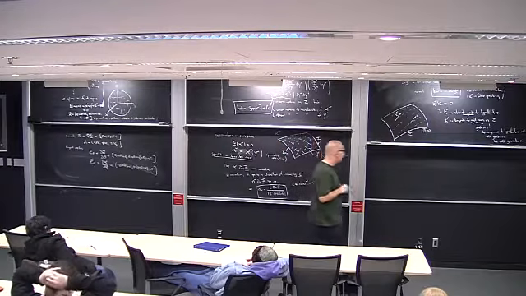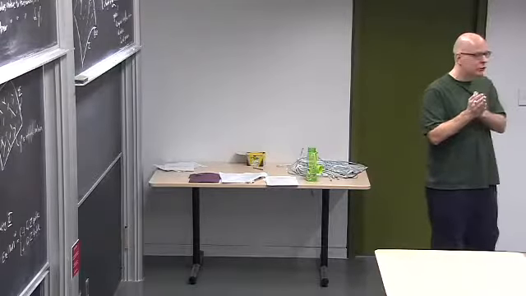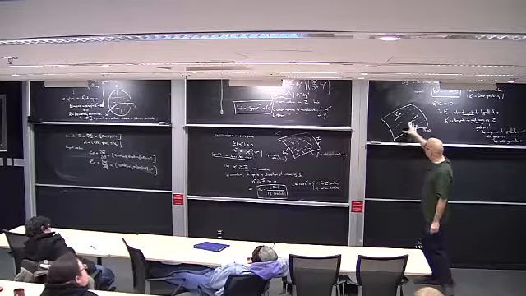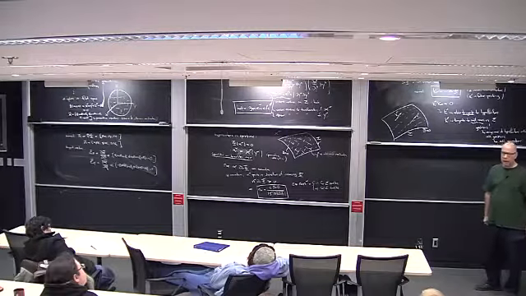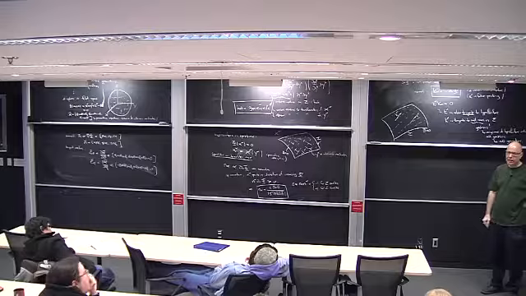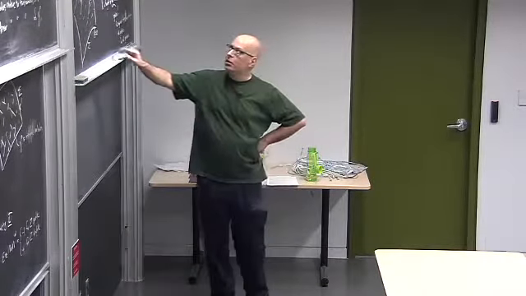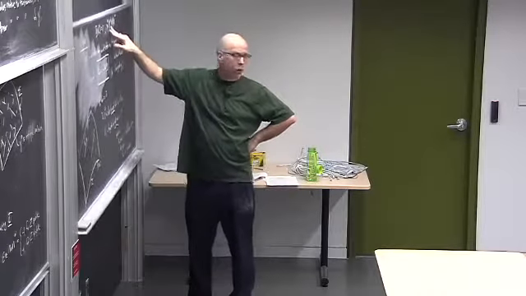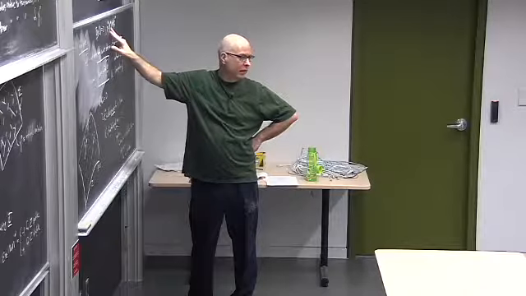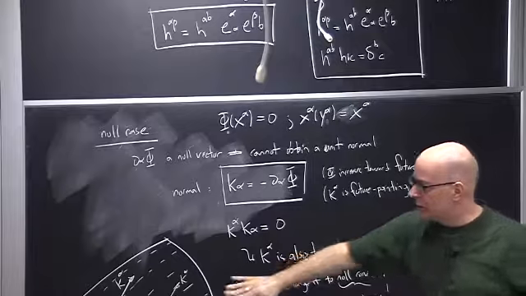Something I like to do, and you don't have to do it, but I like to do it. I'm already given this network of curves on the hypersurface, and I've already told you that I can use this as a way of setting up at least part of my grid on the hypersurface. I still haven't said anything about those intrinsic coordinates, but it turns out to be very convenient, at least for conceptual purposes, to adapt the intrinsic coordinates to this network of curves.